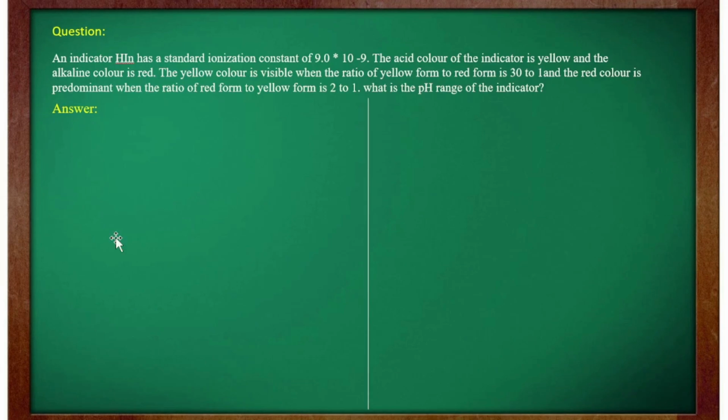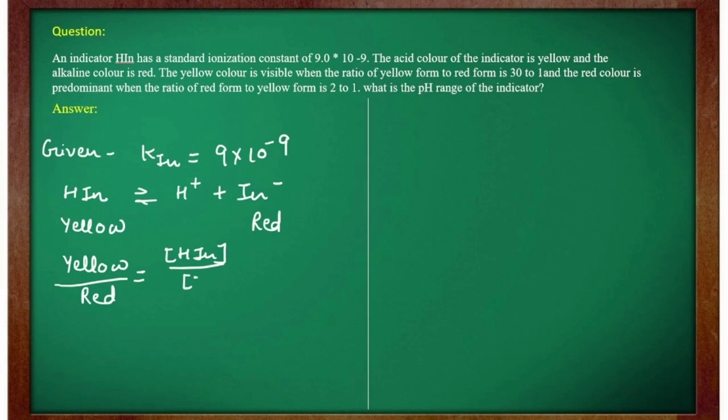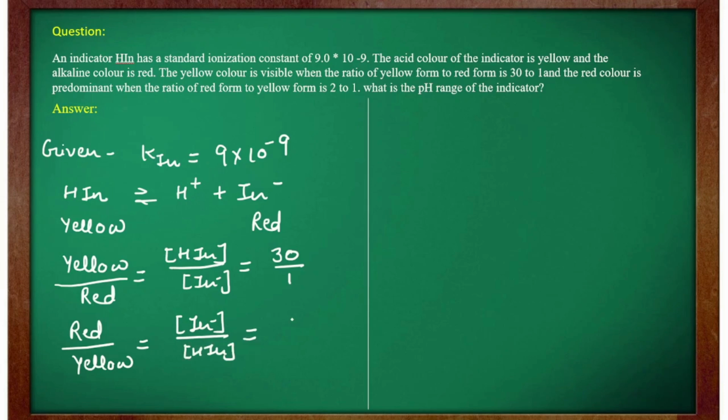In the above question, given is the ionization constant of indicator, which is equal to 9 multiplied by 10 raised to power minus 9. Indicator ionized form gives yellow color if the ratio of concentration of acid and indicator ion is 30 divided by 1. Red color of the solution is predominant when the ratio of red form to yellow form is 2 divided by 1. pH of solution when color is yellow is equal to 6.57.